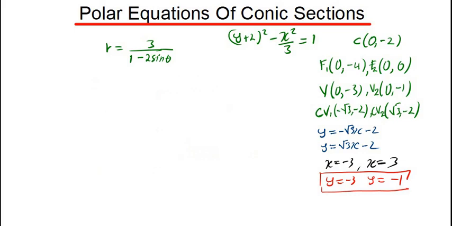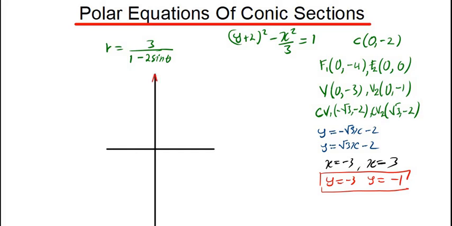Okay, so we can go ahead and graph this. Here we have our x-y axes, and this is our x-axis. The center is at 0 comma minus 2. So if this is minus 1, let me put minus 2 there and name it as my center.